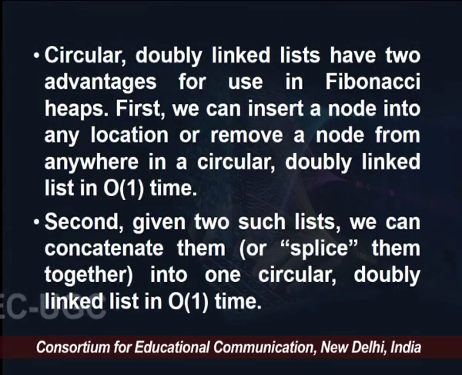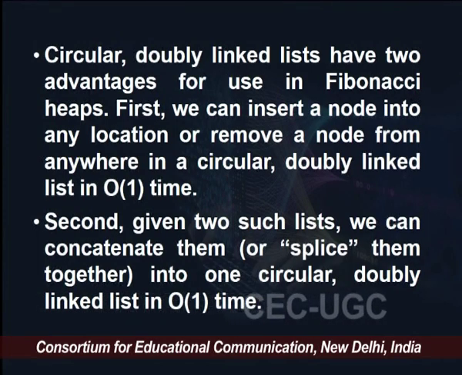When we talk about the implementation strategy, I have told you that there is going to be a circular doubly linked list. Now this circular doubly linked list has 2 advantages as far as Fibonacci heaps are concerned. First, we can insert a node in any location or remove a node from anywhere in a circular doubly linked list in order one time.